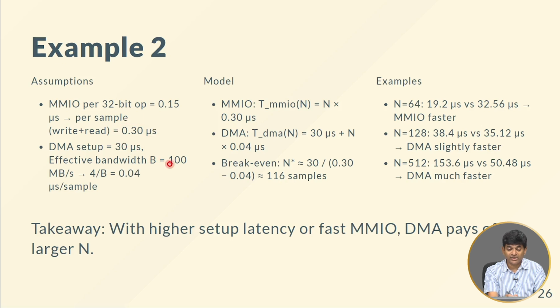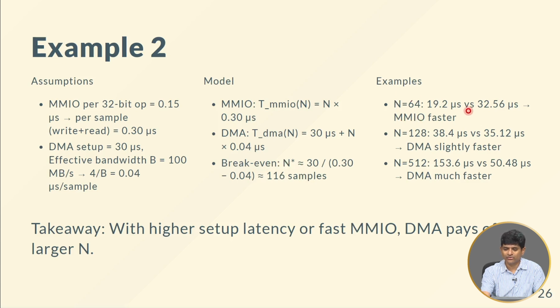The effective bandwidth of DMA is actually higher, right. I am going to assume that it's 100 megabytes per second. So after all the MMIO also became faster, but the DMA is even faster. But when we finally work through this, n into 0.3 versus 30 plus n into 0.04, we find that the break even is still at somewhere around 116, and you can actually check that out.